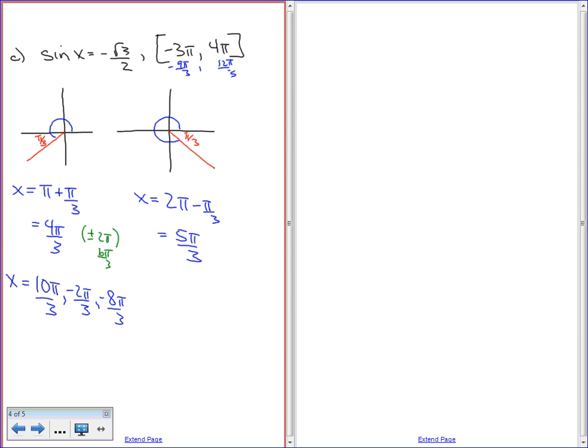Now I work with my second root. If I add 2π to here, if I add 6π over 3, I get 11π over 3, which fits inside of my interval. If I add another 2π, I'm outside of my interval, so I'm done going in the right direction. Let's go in the left direction. If I subtract off here, I would get negative π over 3.